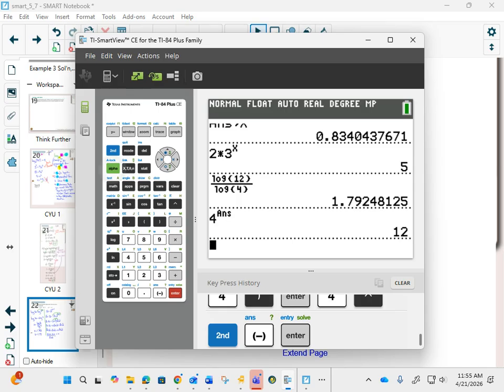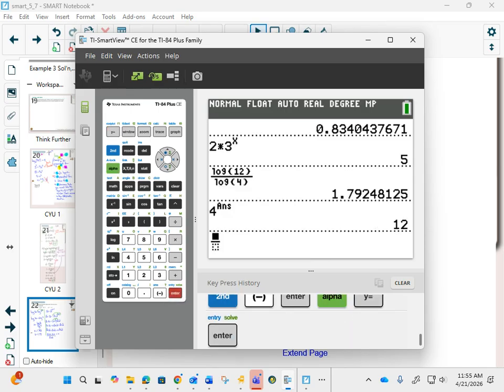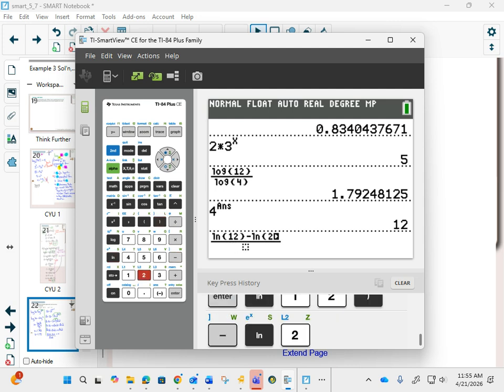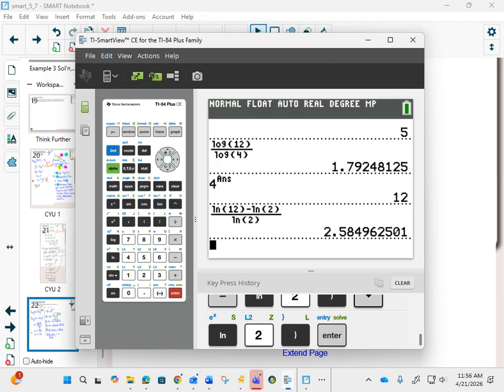I have a fraction button on my calculator, which lets me write natural log of 12 minus natural log of 2. If I don't use that fraction button, I would need an extra set of brackets on the top to make sure my calculator has the whole thing on top when I'm dividing. Okay? So make sure when you're doing questions you're actually getting to the end and checking your answers.